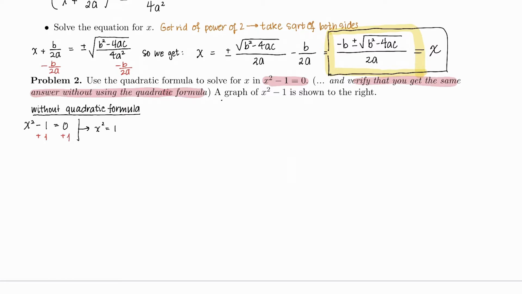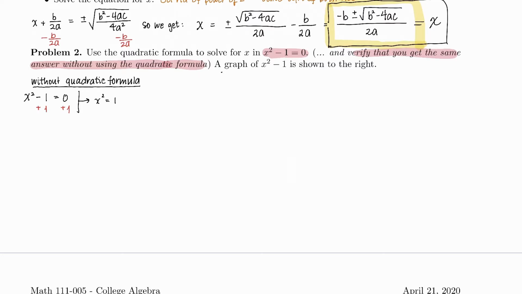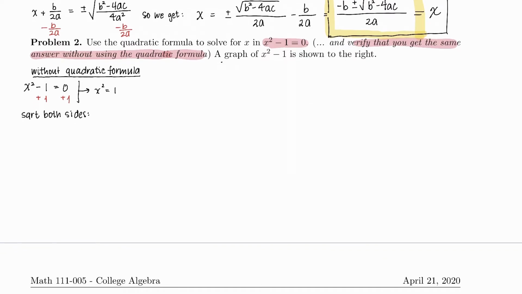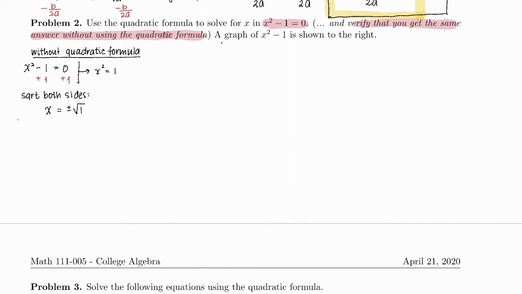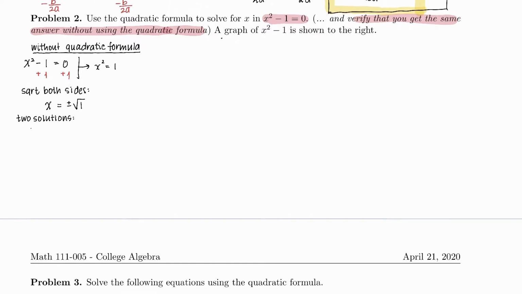Then I'll take the square root of both sides, to give me that x is equal to plus or minus the square root of 1. The square root of 1 is just 1, so we get 2 solutions. We get x is equal to negative 1, or x is equal to 1.